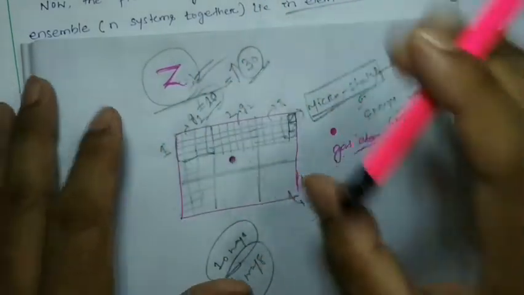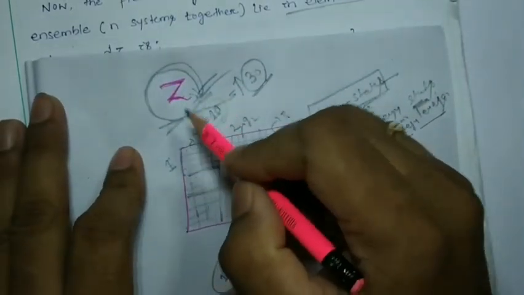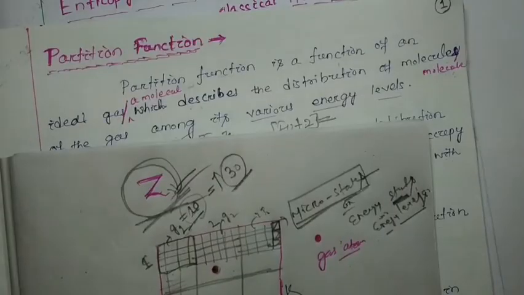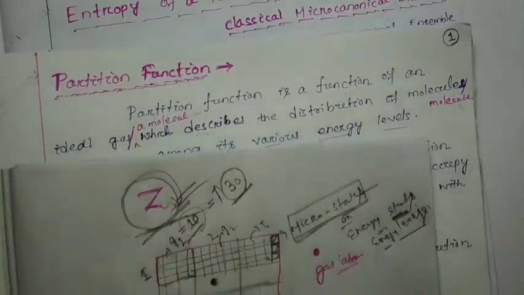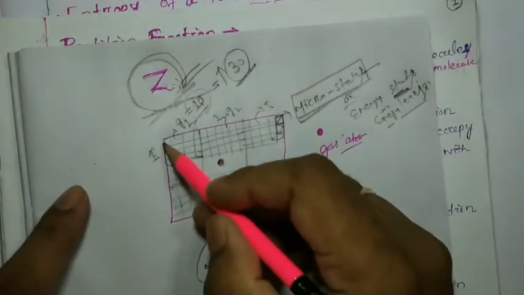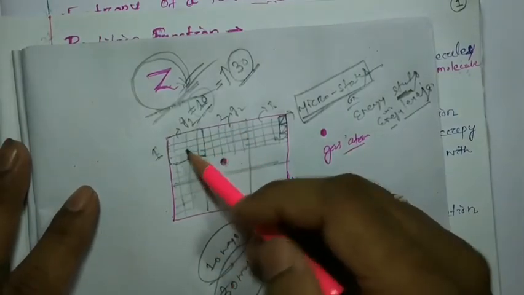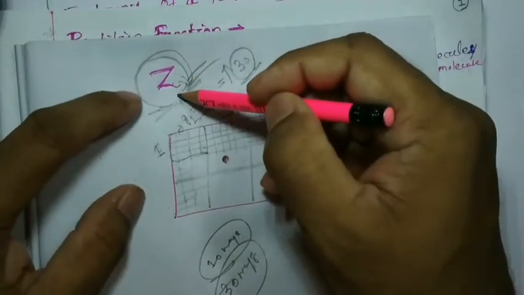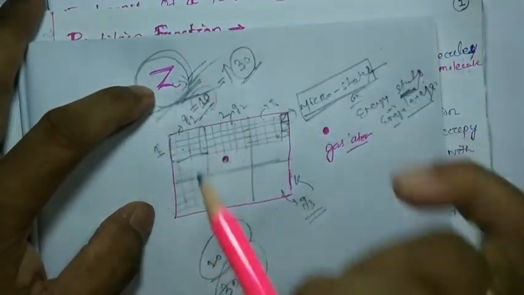That means the distribution which represents Z, the so-called partition function, directly depends upon the number of energy states. If the number of energy states changes, the partition function changes. So the partition function is directly related to the number of states.